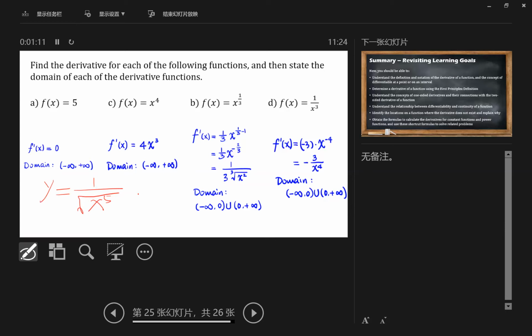You understand? This can be expressed as x to the power of 5 over 2. Then dy by dx is 5 over 2, then x to the power of 3 over 2. Do you understand? Oh, sorry, I lost the -1 here, right? This should be a negative 5/2, and then this should be negative 7/2. You understand?